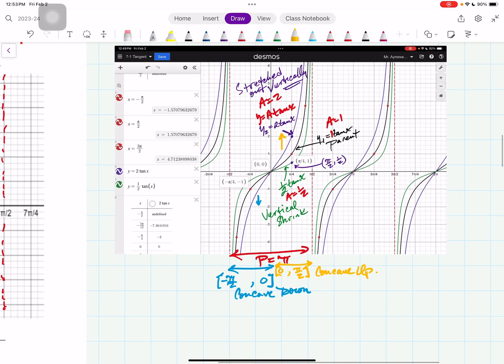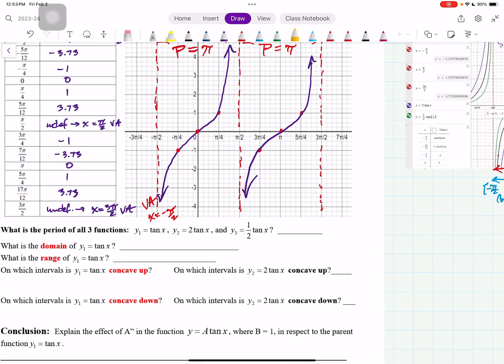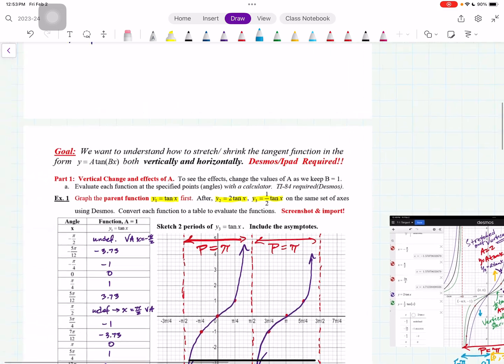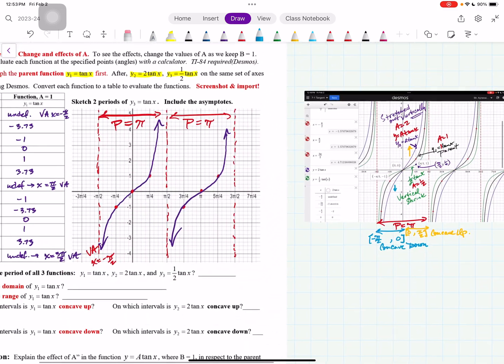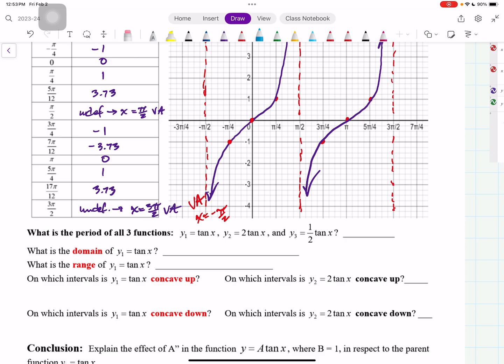Okay, so let's take these results and bring them in over here. On our main graph, what's the domain of tangent x? I haven't talked about that yet. So the domain of the function: tangent is defined everywhere except the asymptotes.